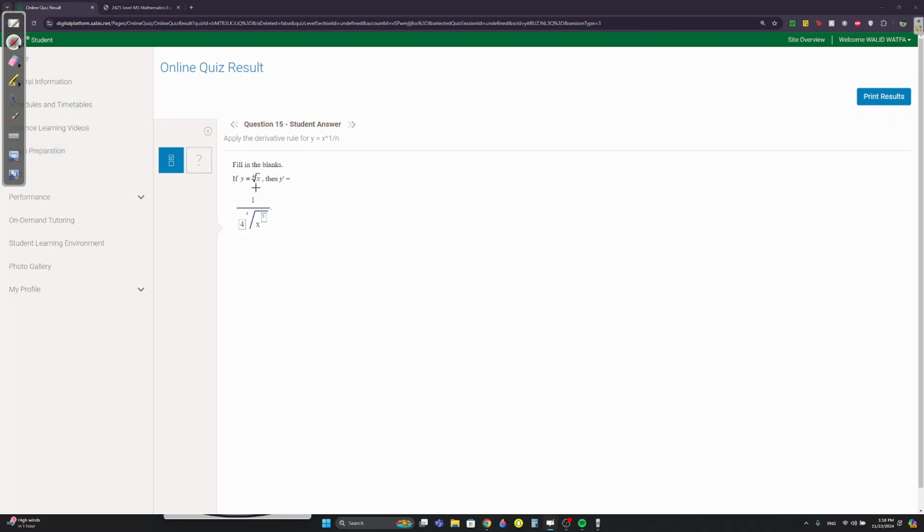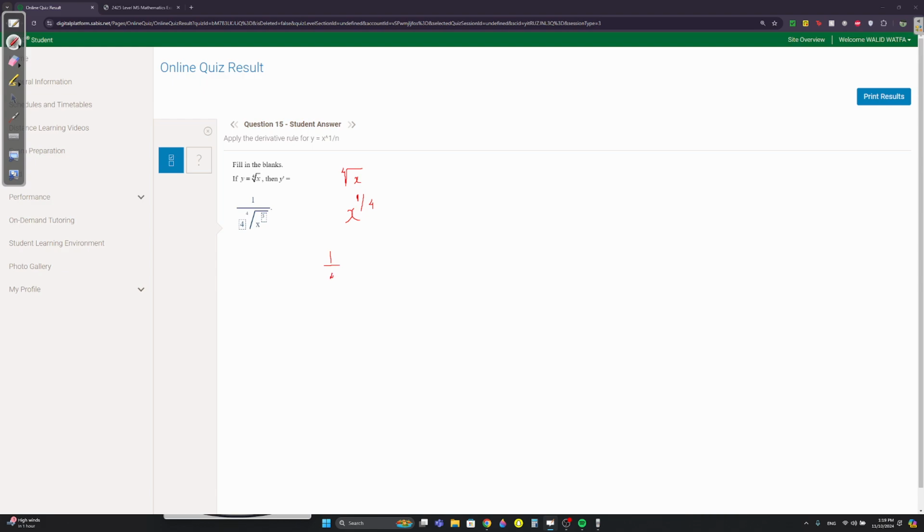Question 15. y equals the fourth root of x. What did we say? Always, we want to make it as a fraction. The power is a fraction. What did we say always? The numerator of the fraction is the power inside. What's the power of x inside? It's 1. And the denominator of the fraction is the index of the root. So it's 1 over 4. How do you derive this?